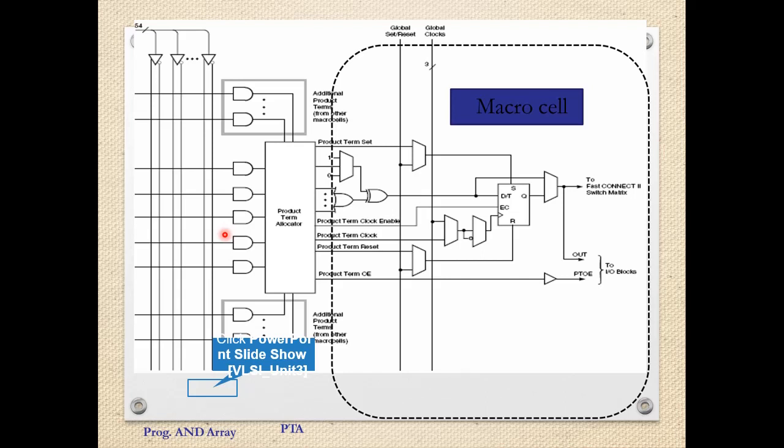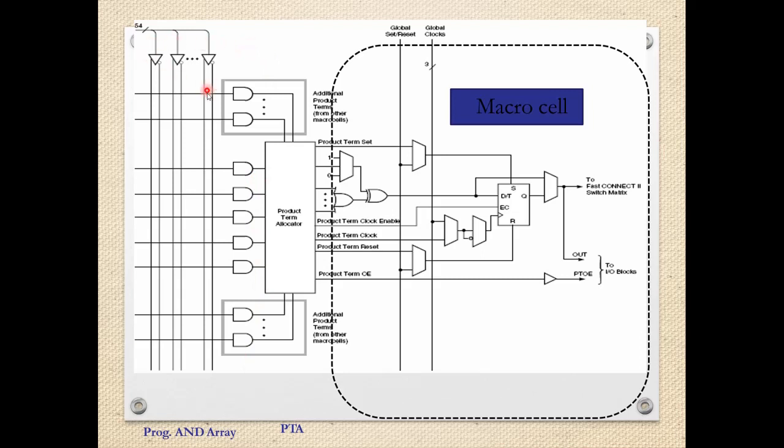So this is in the form of a circuit diagram. Previously it was in the block diagram form. Now for this circuit diagram, as we discussed earlier, the first block is the programmable AND array, this portion.